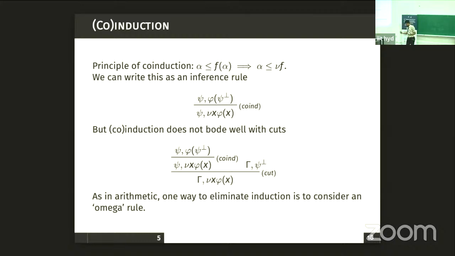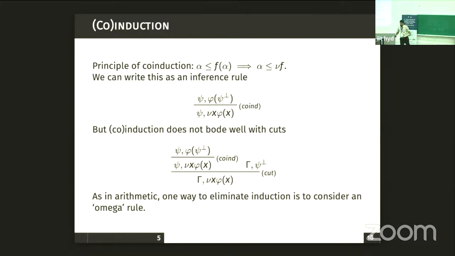And this is a deep problem in logic in general, that induction and co-induction do not bode well with cuts. As proof theorists, one of our major goals in life is to eliminate cuts, and this is something which is not possible here.